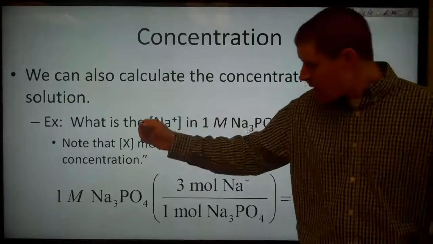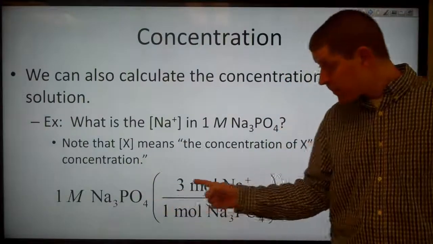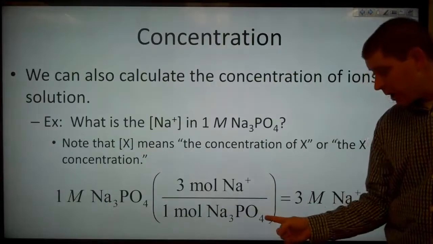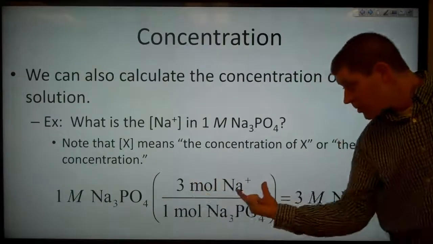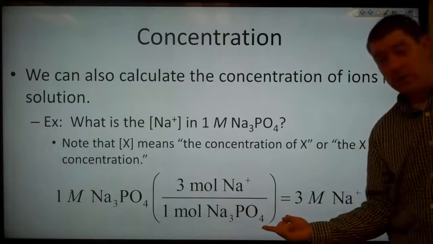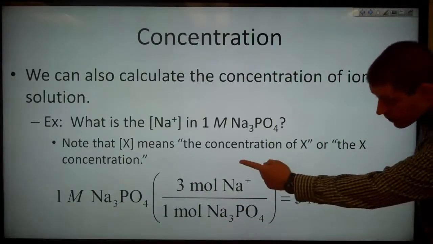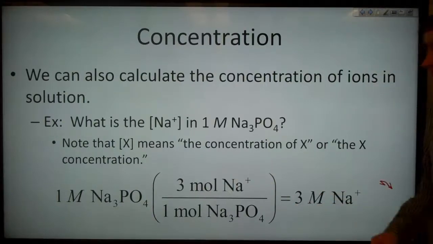We know that we have 1 molar sodium phosphate, but in 1 mole of sodium phosphate we have 3 sodium ions. So we have 3 moles of sodium ions in that 1 mole of sodium phosphate. And that means that because we started out with 1 molar sodium phosphate, we end up with 3 molar sodium ions.